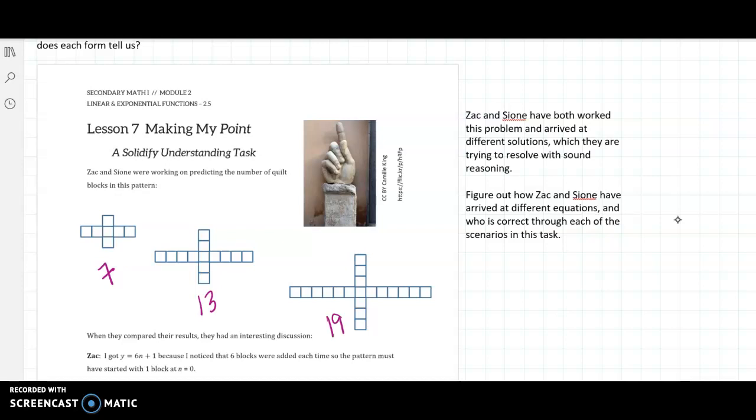I'm noticing that this is changing by adding 6 each time. Let's assume this pattern continues forever.